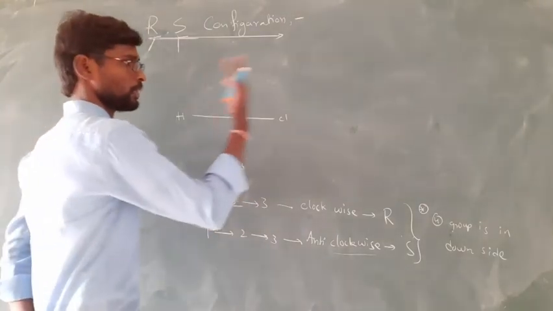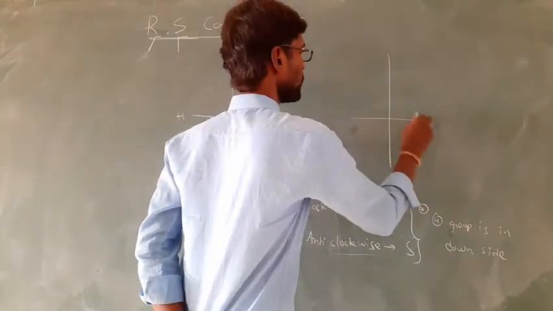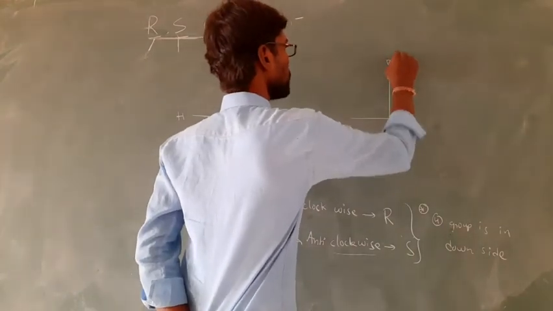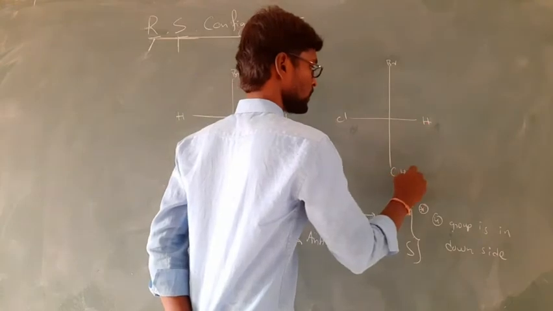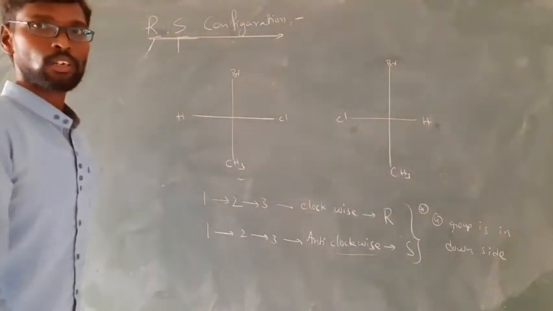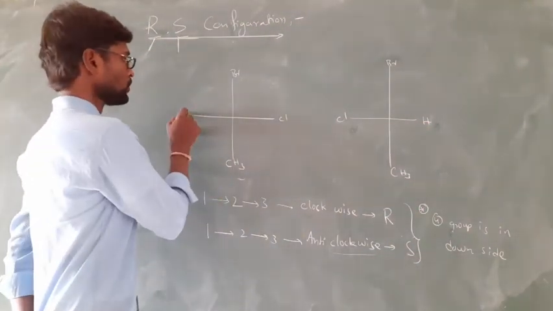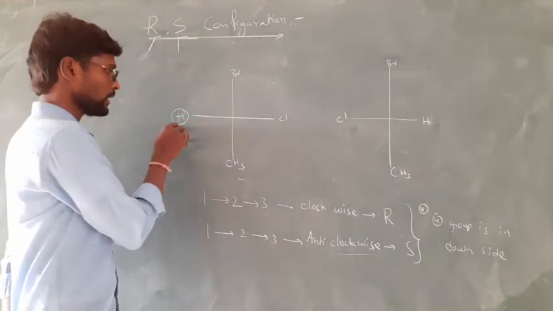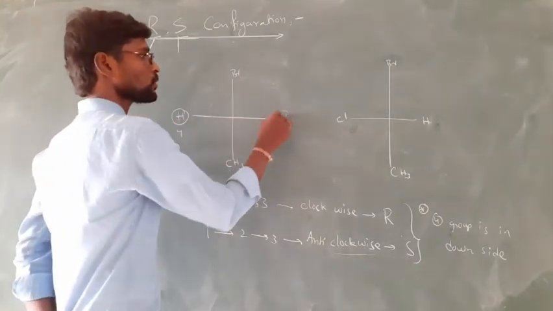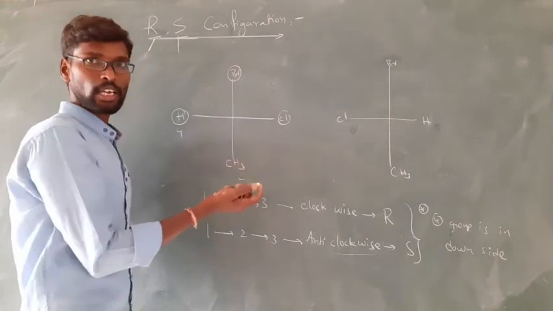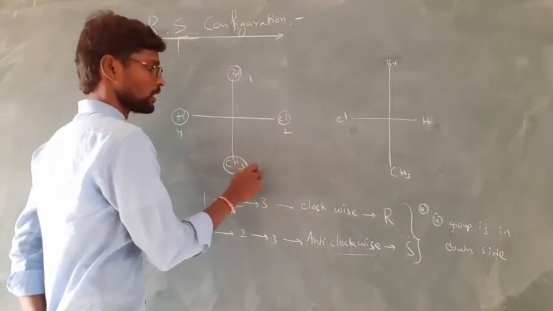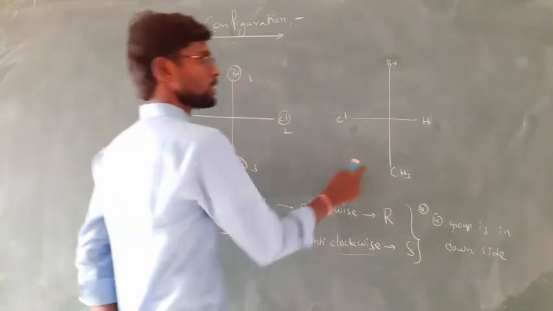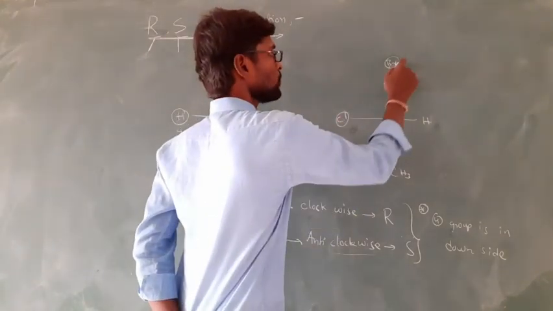If you take a mirror image of this molecule, what will you get here? This is Br, and this is chlorine, this is hydrogen, and this is CH3. Now give the numbers for this one. The fourth group, hydrogen, gets the fourth position. In these two, chlorine and bromine, bromine has the higher atomic mass, so it gets first number, chlorine second number, and methyl third number.